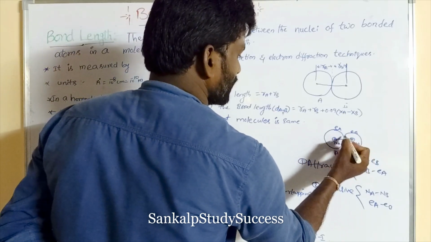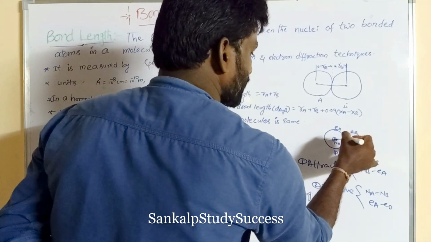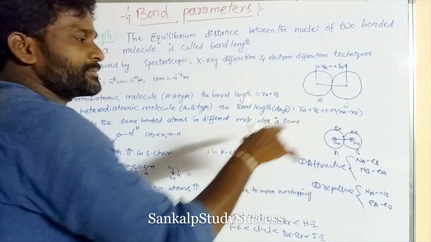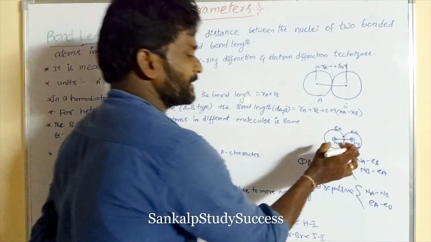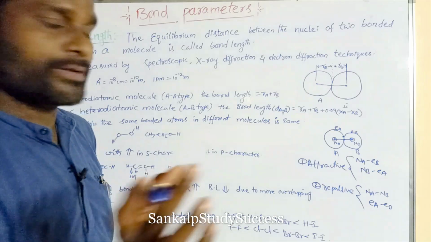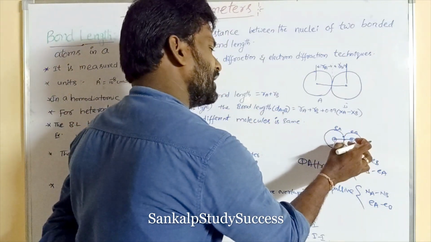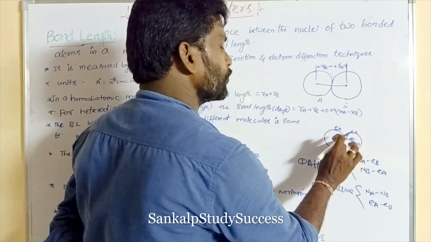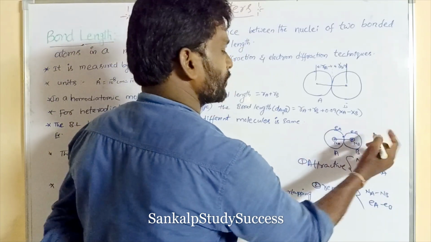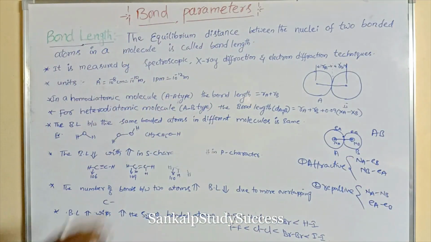Each atom gives one electron, so the sharing of an electron pair between the two atoms forms a covalent bond. The distance between the nuclei of two bonded atoms in an AB molecule is known as bond length.